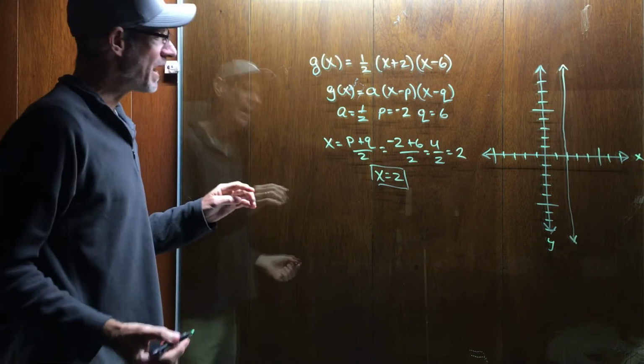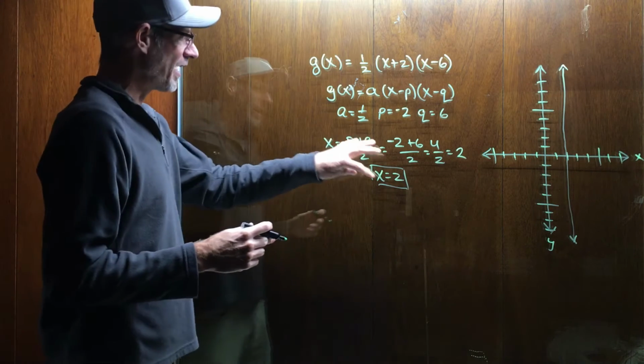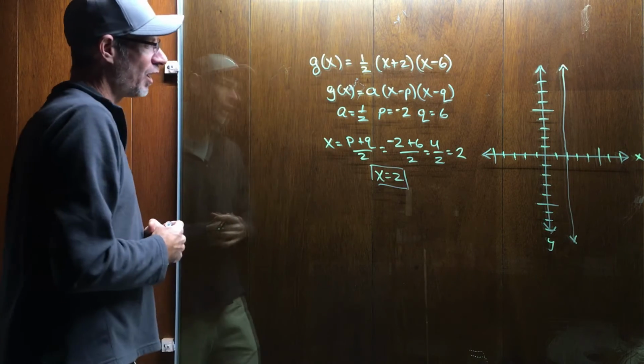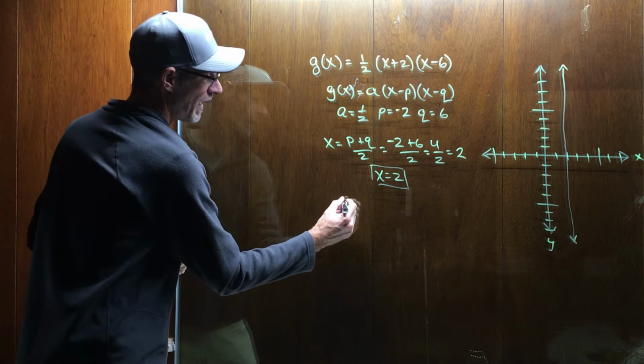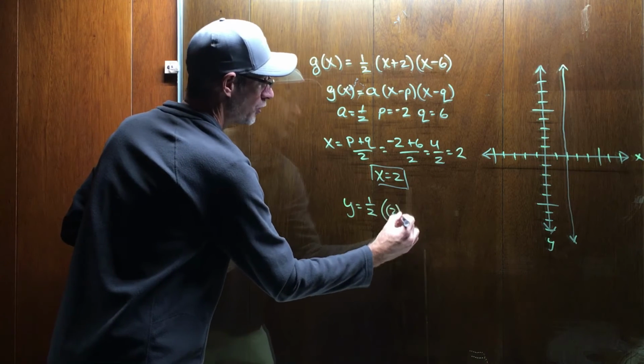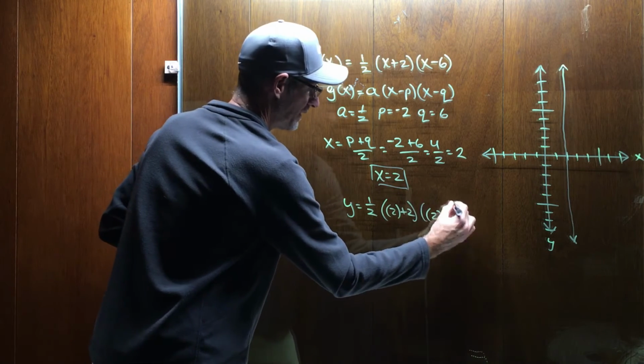Now to find the y-coordinate of our vertex, we need to take our axis of symmetry, x equals 2, and put it back into our original function. So we'll have y equals 1/2 times (2 plus 2) times (2 minus 6).